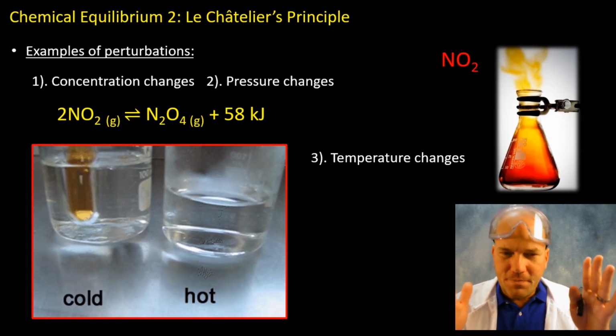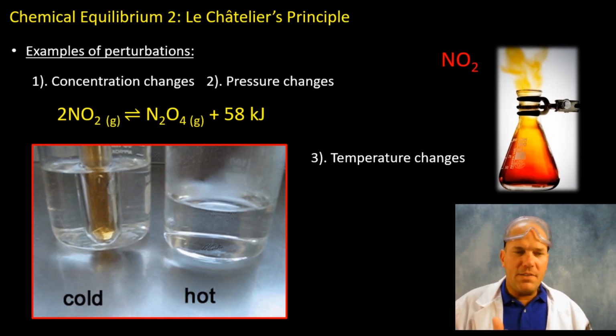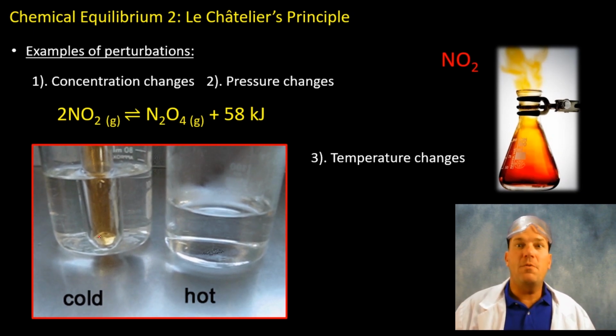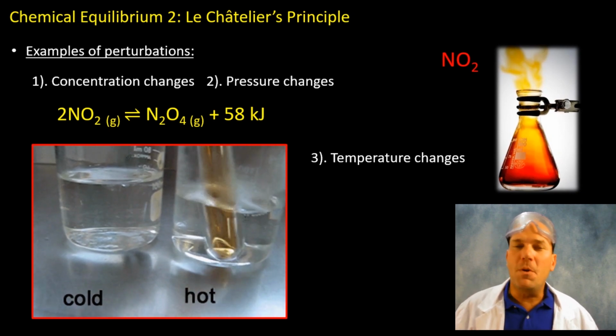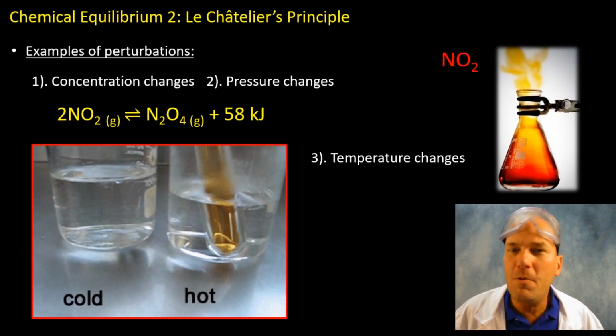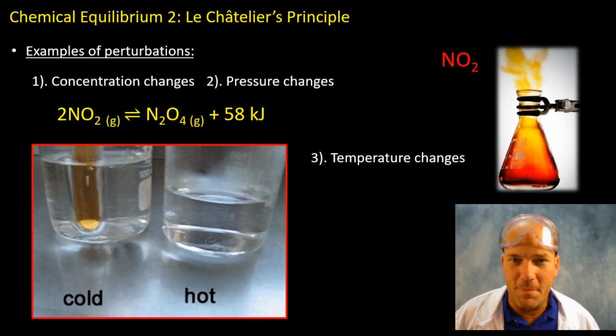So I want you to look at the equation real quick, and then we're going to make sense out of the video. For every 2 moles of this reddish gas, it will yield 1 mole of dinitrogen tetroxide, along with 58 kilojoules of energy released from the chemical system.